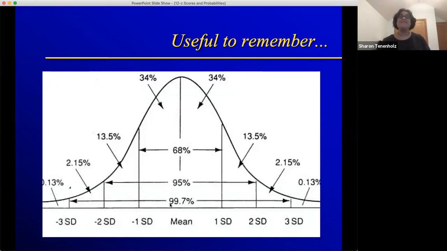And over 99%, 99.7% of scores fall within 3 standard deviations of the mean. So just useful things to remember: just over 2/3 within 1 standard deviation, 95% within 2, and 99.7%, over 99%, within 3 standard deviations of the mean.